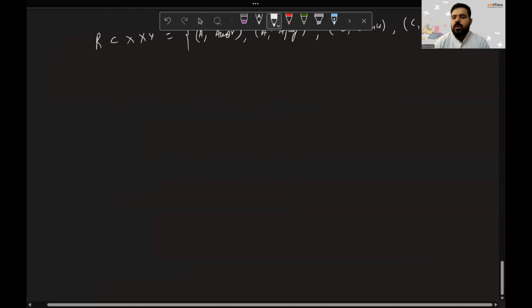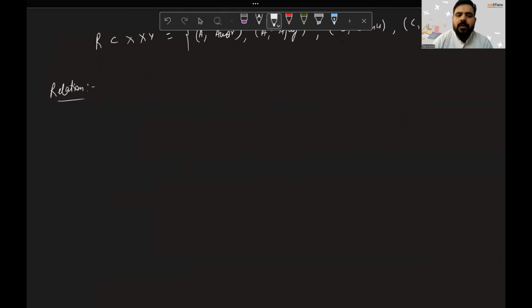So if I ask you what a relation is, if we go into the definition part, relation: if A and B are two non-void sets. Both of them should not be void, right? So we'll not be having both of these as void sets.